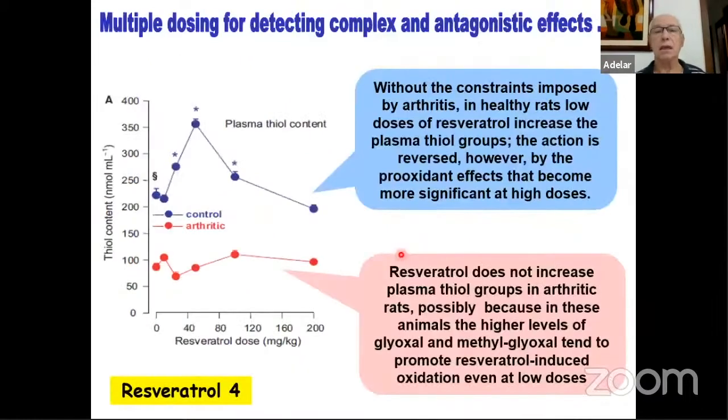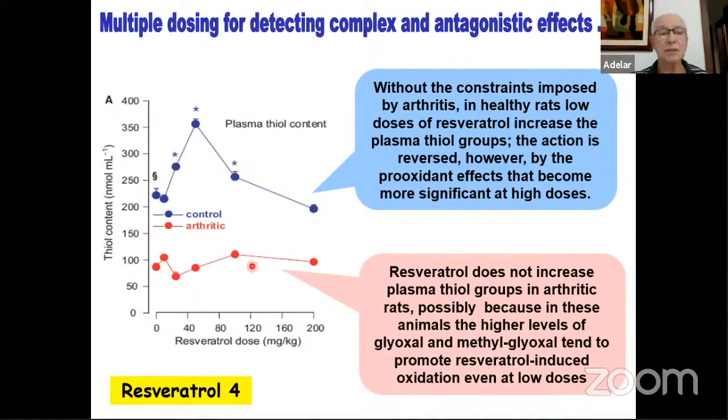And I would like to emphasize, before I end my presentation, the effects on plasma thiol concentration, which is illustrative of the reason why we should do multiple dose experiments.